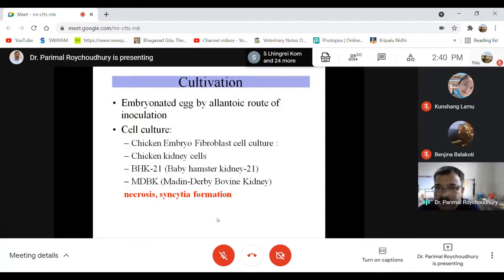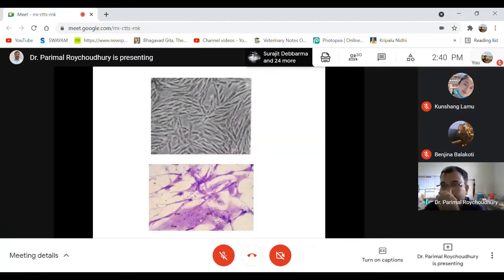Besides this, we can utilize varieties of cell culture. These are the examples showing it here, where the virus infection can cause syncytia formation, and then the cells will die gradually. If you can see this particular picture of syncytia formation, suppose these are the chick embryo fibroblast cell culture, and these are the healthy cells, fibroblastic in nature, elongated cells.